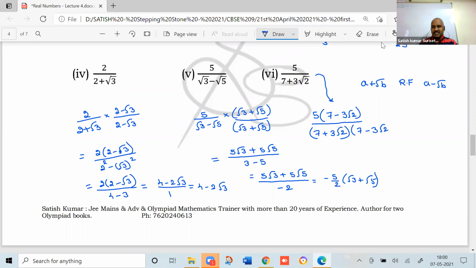So 5 upon 7 plus 3 root 2 into 7 minus 3 root 2 over 7 minus 3 root 2. In the numerator, either you can multiply 5 inside or keep it as it is. So 5 into 7 minus 3 root 2. In the denominator, a plus b into a minus b, a square minus b square. So 7 square minus 3 root 2 whole square.